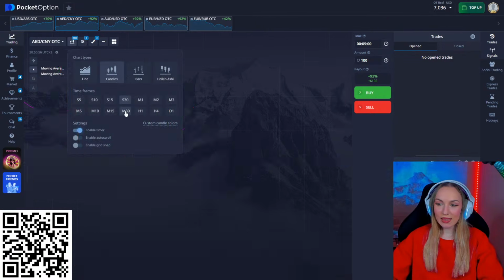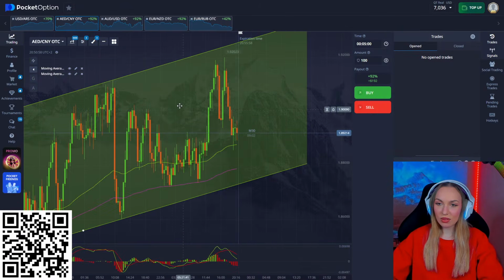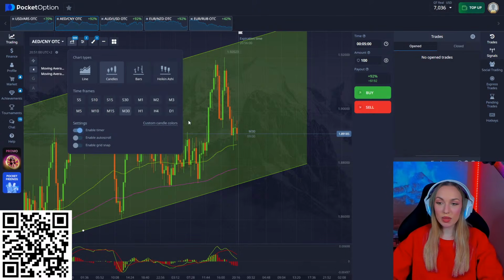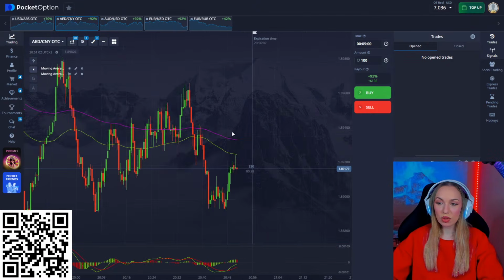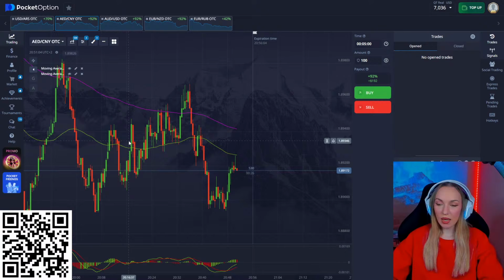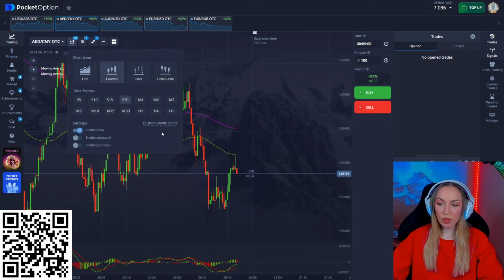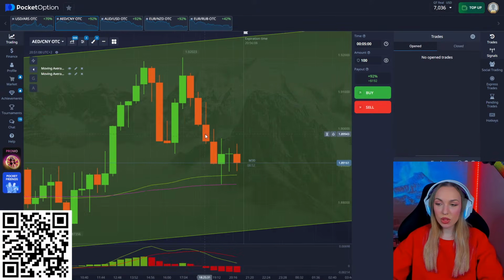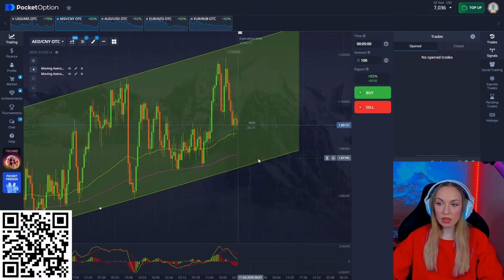Let's see where else we can find good trades. ADCNY: I opened the trade here in the downward direction, it went down, and I would love to continue opening trades in the downward direction, because on 30 minutes we see that it's still kind of far from the support, but at any moment it can start going up actually, but we will see.